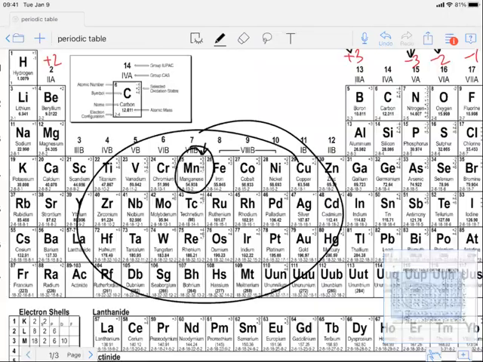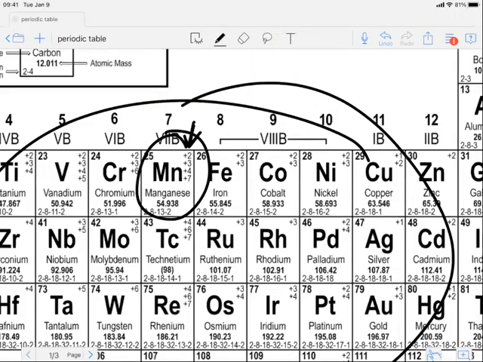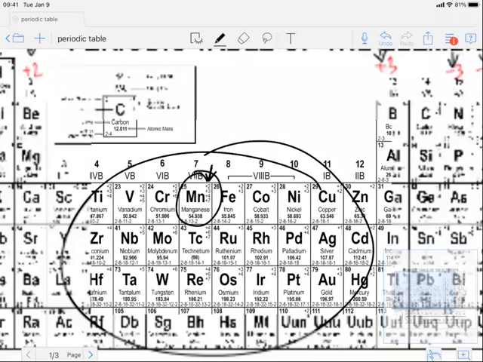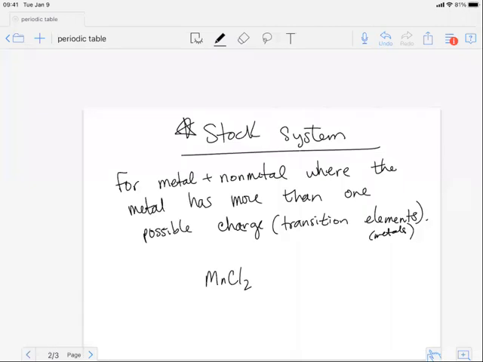You look at Mn and there are 4 possible charges: +2, +3, +4, +7. Which one is it? This is how you figure out which one it is. You have to look at the negative nonmetal that it's paired with. So you determine the charge of just one of the chlorines.